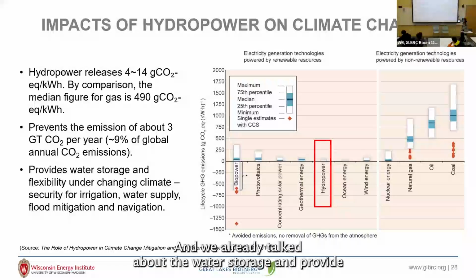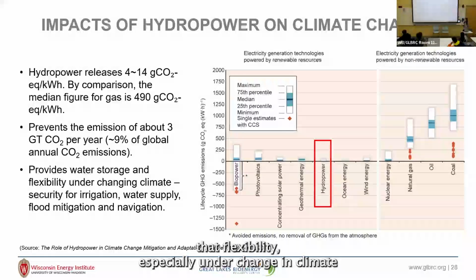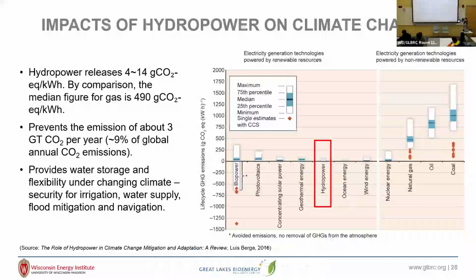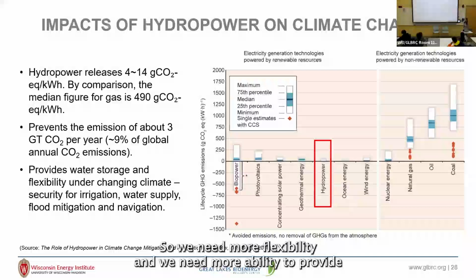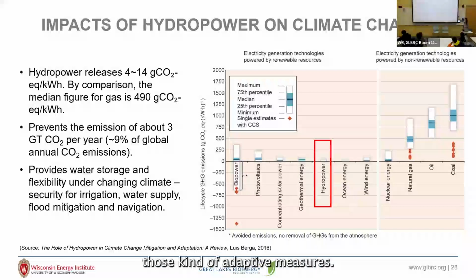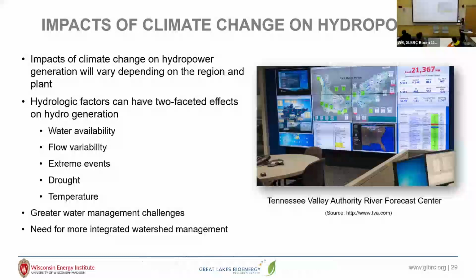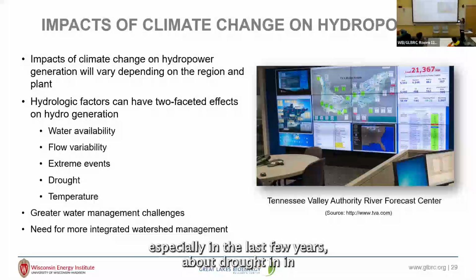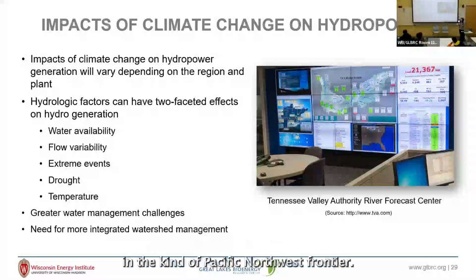And we already talked about the water storage and how it provides that flexibility, especially under a changing climate where we get a lot of extreme events, droughts and flooding. So we need more flexibility and more ability to provide those kinds of adaptive measures. When we talk about climate change, we hear a lot, especially in the last 2 years, about drought in the Pacific Northwest and California.